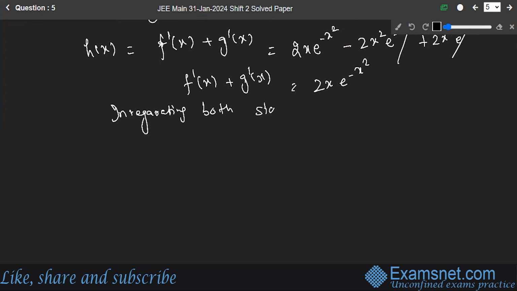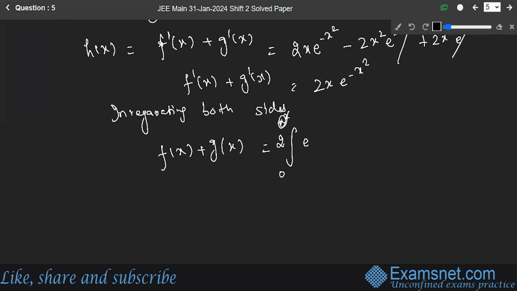Integrating both sides, you will get f of x plus g of x is equal to, I'll be taking 2 outside. Let's say I'm putting the integral over here. Now the limits over here will be 0 to x square. And this is given by e raised to power, I will not take x square over here.